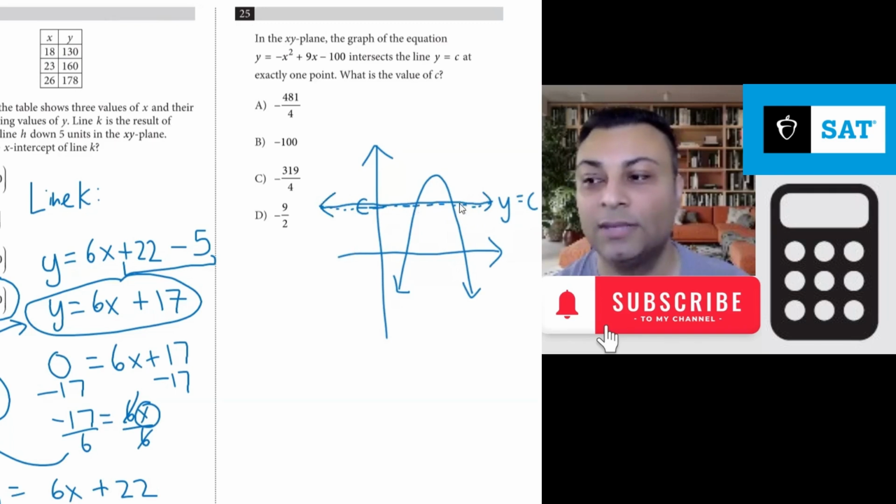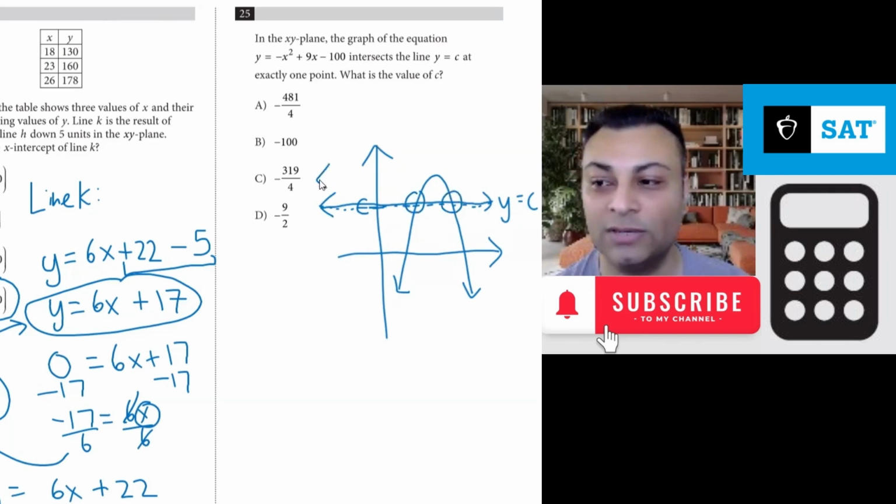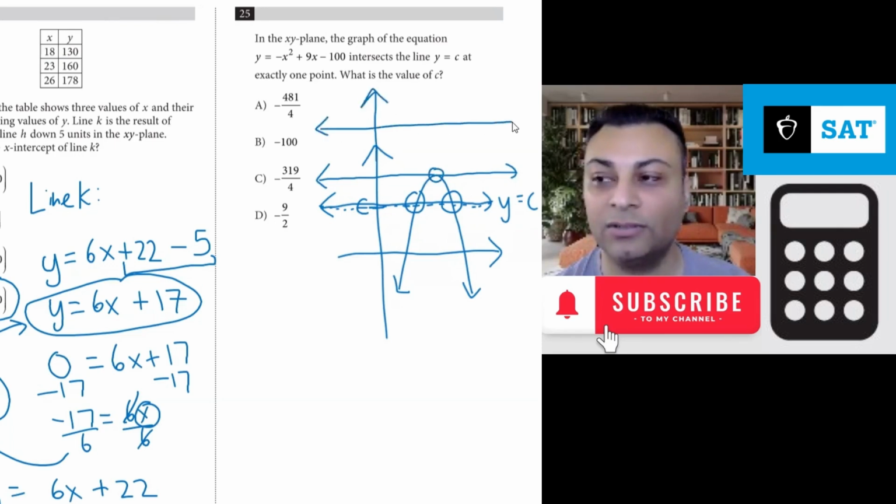This line would hit the parabola twice the way I drew it. Now, there's a way to hit the parabola once if you go right through the vertex. That's one intersection. And if C were here, you would not hit the parabola at all. You would have no intersection points. So what we have is a case of one intersection point.